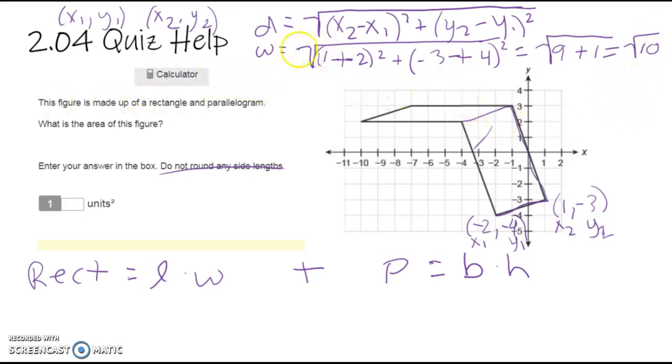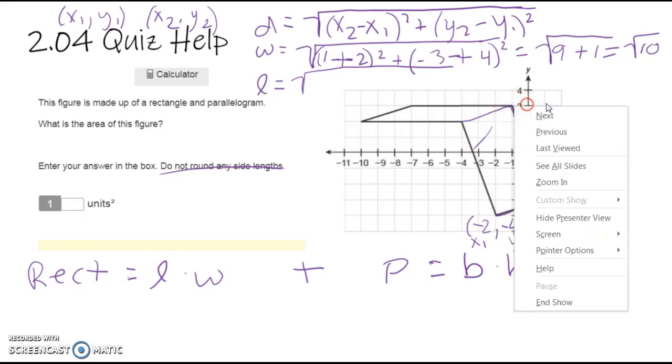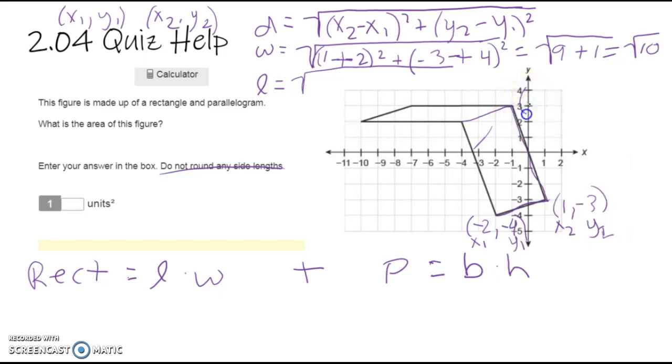Now the length, we're going to do the same thing, but with different points. We can keep the same x2, y2 because it's an endpoint of the length as well. The other endpoint will be up here at (-1, 3), and we'll use that as our x1, y1 for the length.